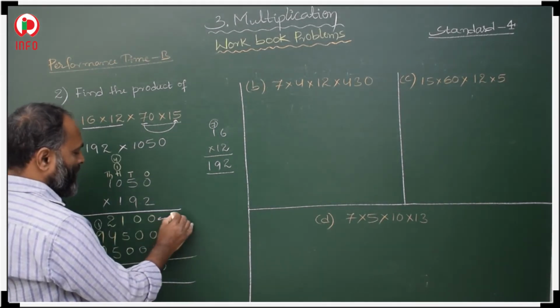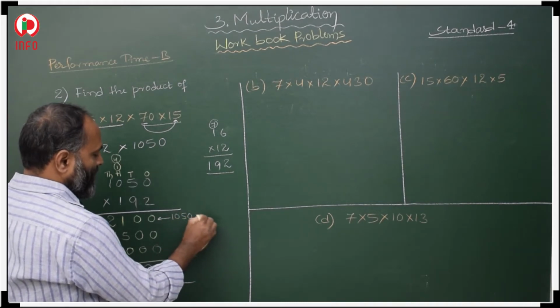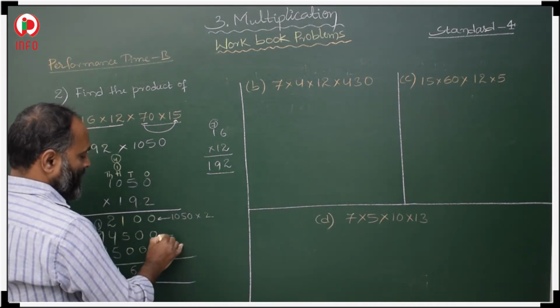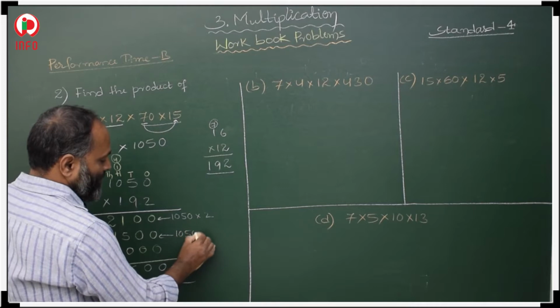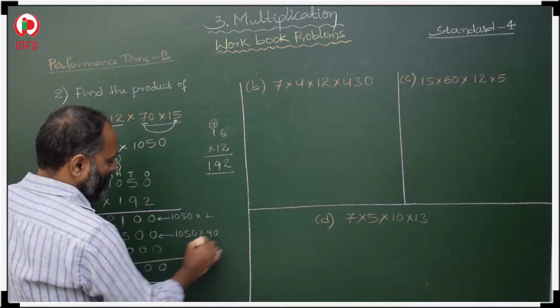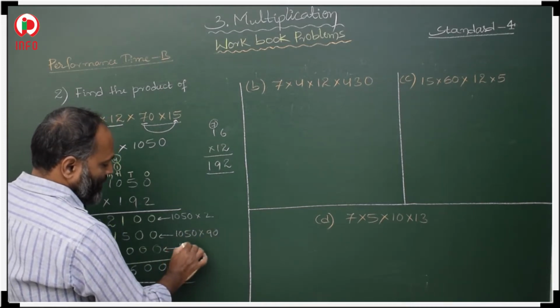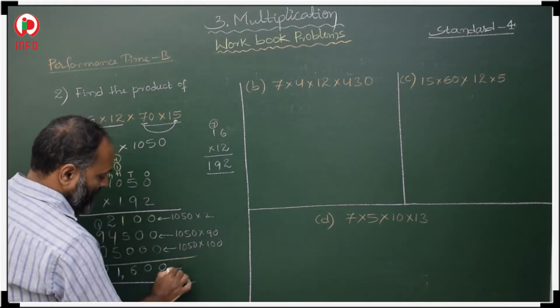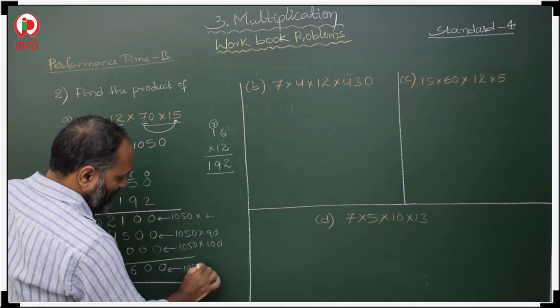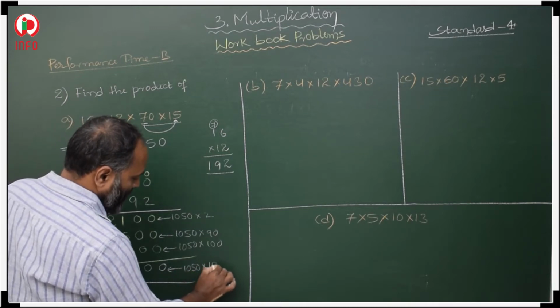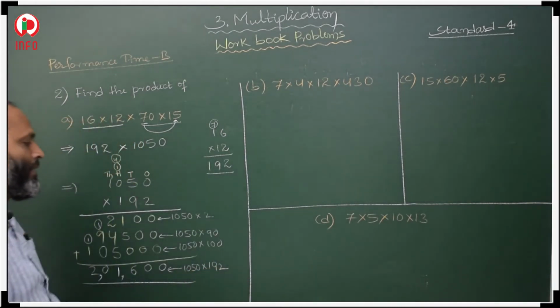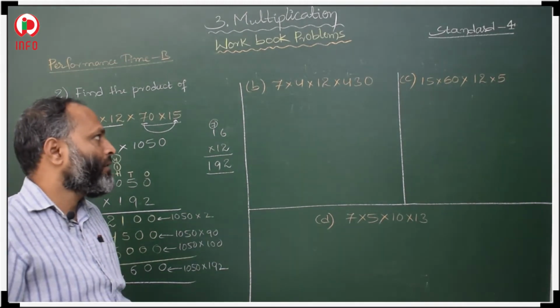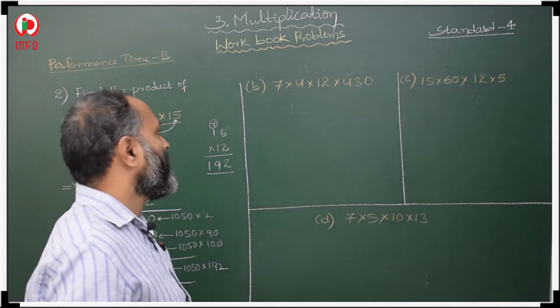So this is the product of 1050 with 2, this is the product of 1050 with 90, this is the product of 1050 with 100, and finally this is the product of 1050 with 192.